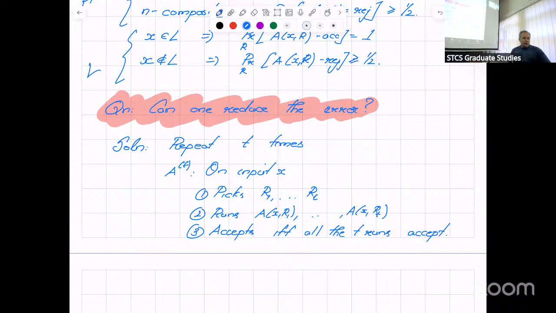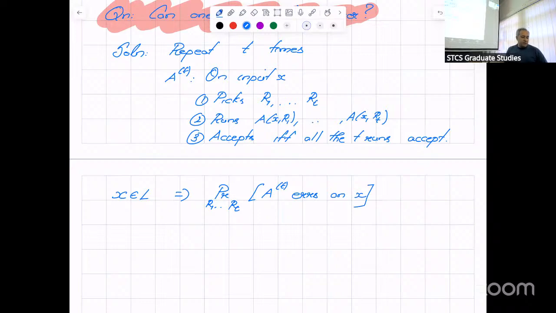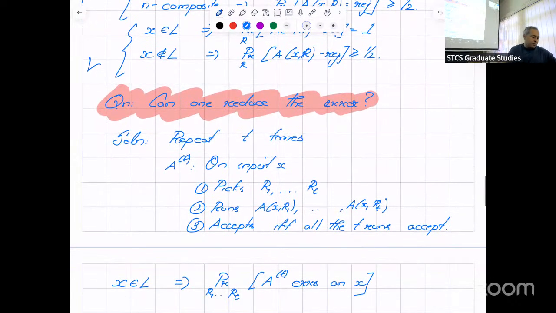Is that fine? Now, what's the error of the algorithm? Let's ask this. Suppose x belongs to the language. What's the probability over r1, r2, ..., rt that A_t errs on x? Will it ever give the wrong answer in this case? I'm assuming one-sided error this way. I have an algorithm which, if the string is in the language, will accept with probability 1.